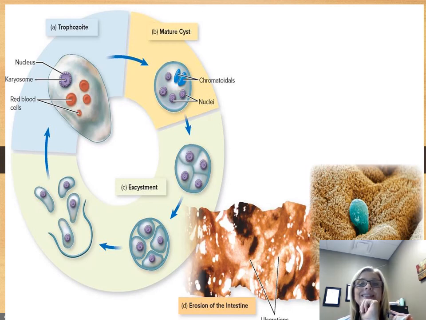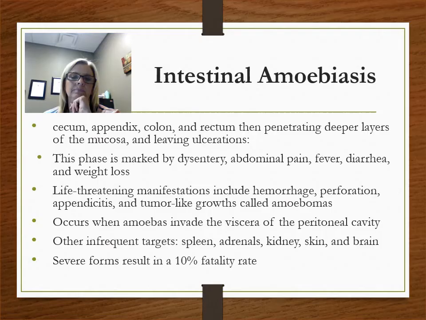You can have intestinal amoebiasis and dysentery, generally of the cecum, and you can see red patches where amoeba have actually damaged the intestinal mucosa here in the picture at the bottom. So this is going to initially target the cecum, as we said, and then maybe move on to the appendix, colon, or rectum.